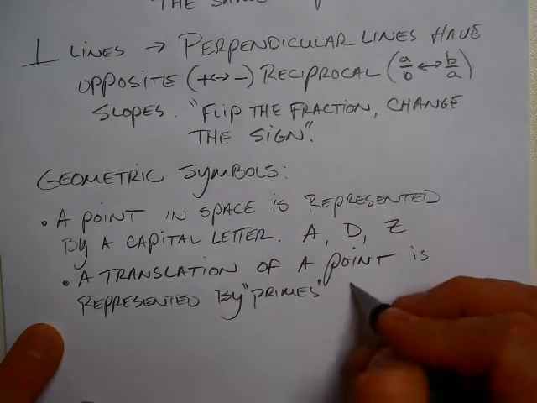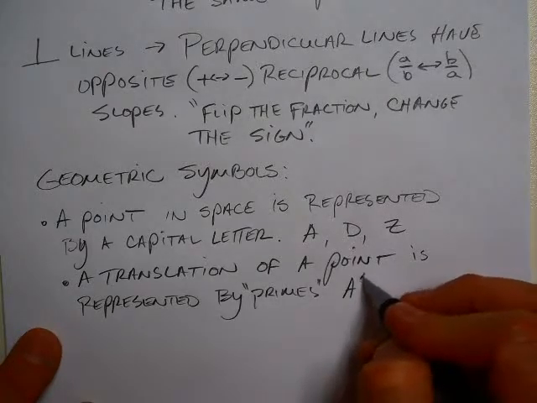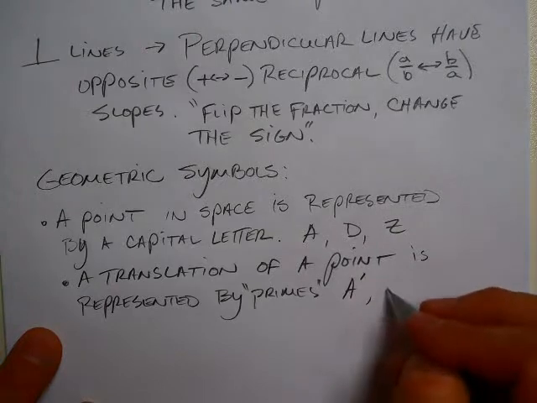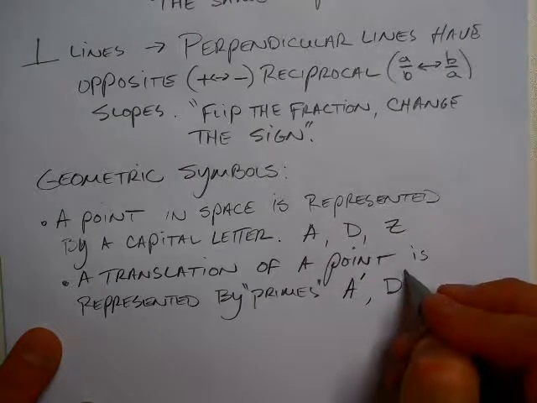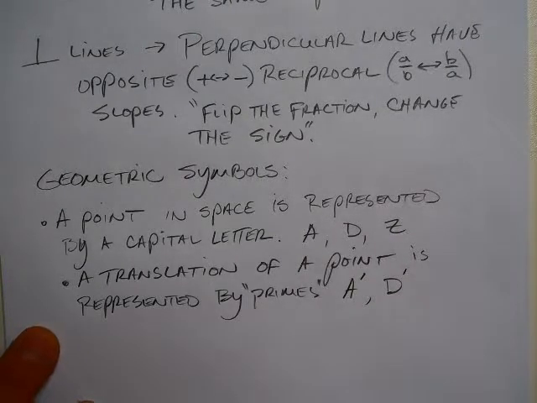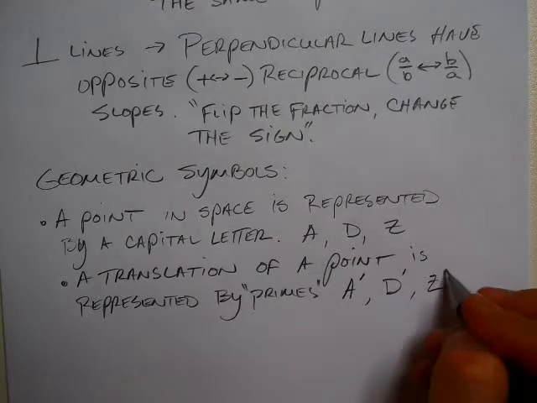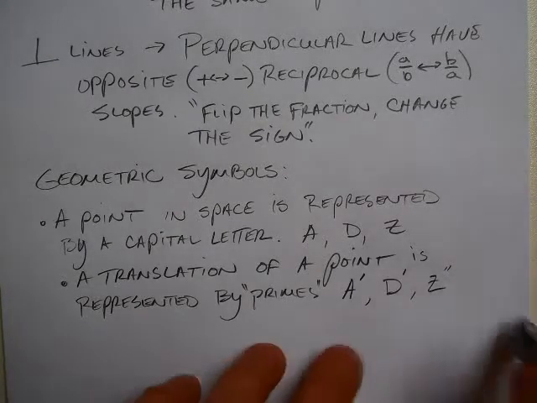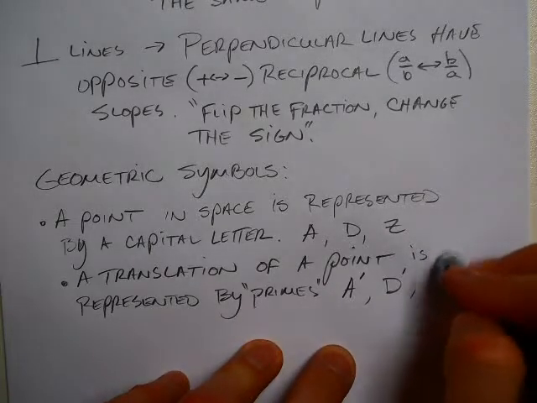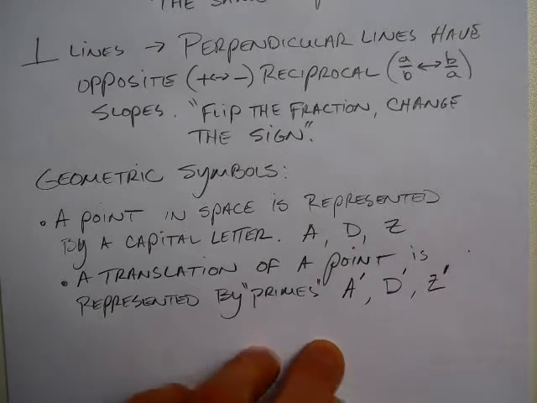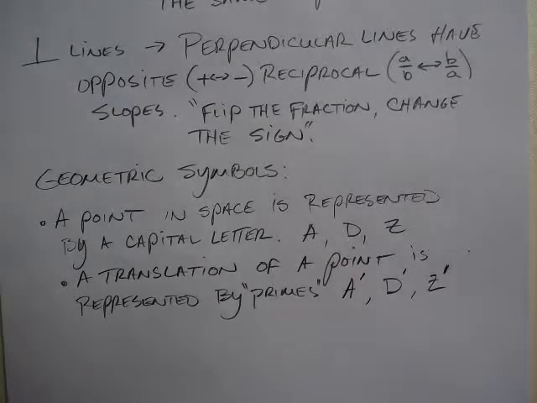So if I'm moving A, the new point is A prime. This little mark means prime. If I'm moving D somehow, then I mark that as D prime. And you can have double primes, triple primes, quadruple primes. However many times you're moving the point defines how many primes we have.